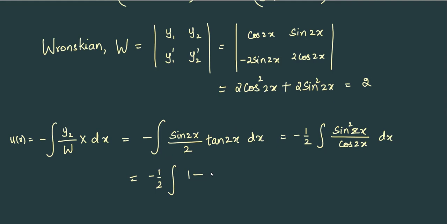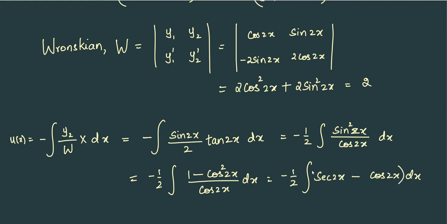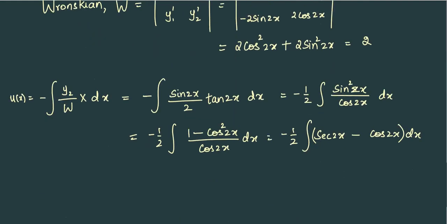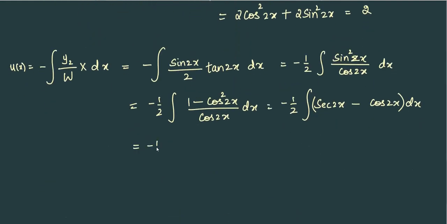Sine square can be written as 1 minus cos square 2x. This will be minus half times integral of secant 2x minus cos 2x dx. Now these are standard integrals. We have converted to standard functions. So the integral of secant x is log mod secant x plus tan x, divided by the coefficient 2.